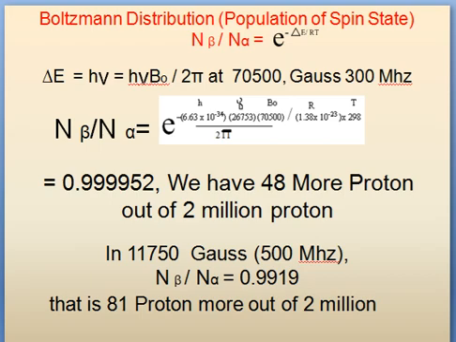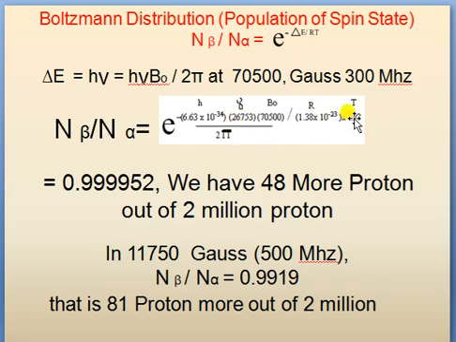Now if we put all the values here in n beta by n alpha, e to the power minus, with h equal to 6.63 into 10 to the power minus 34, gamma equal to 26753, B0 at 300 megahertz being 70500 Gauss, and RT and 2 pi.